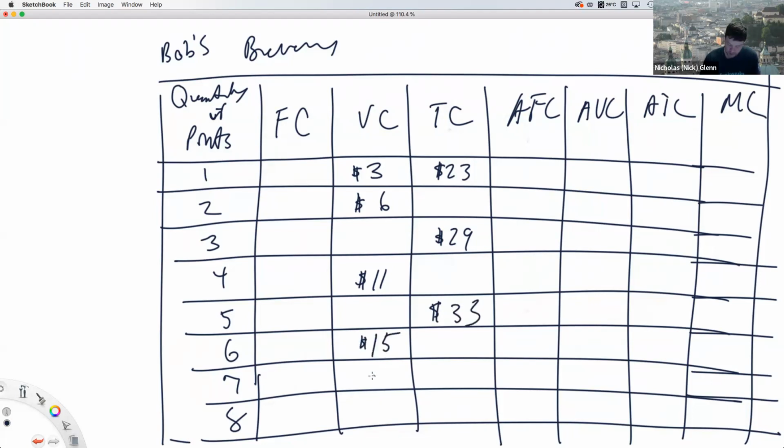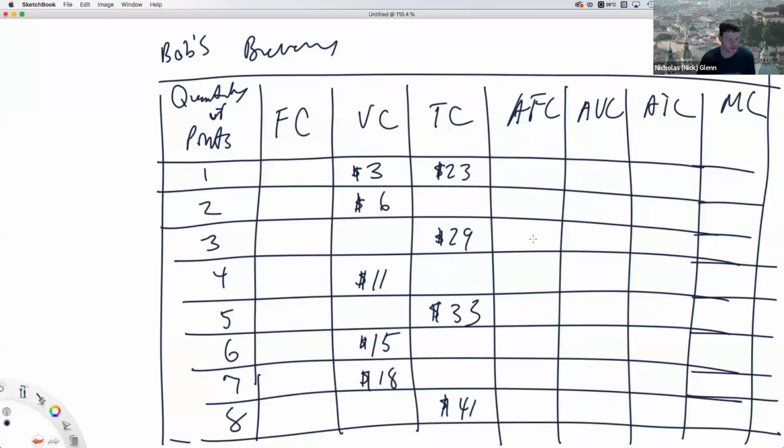At 6, the variable cost is 15. 18 when you go up production of 7. 41 is the total cost at 8 here. Okay. All right. What we can do is answer these questions.